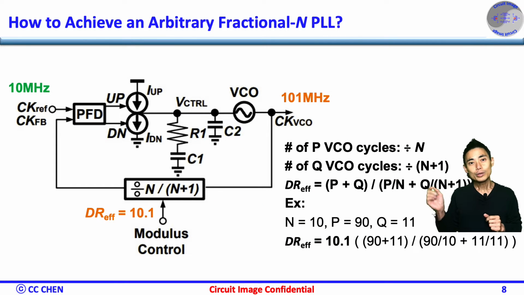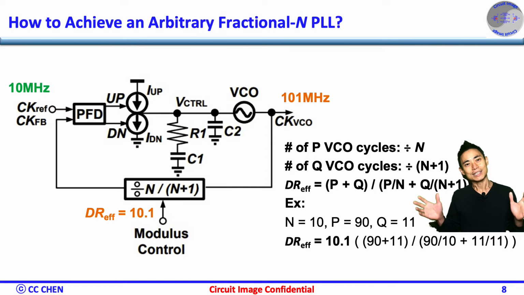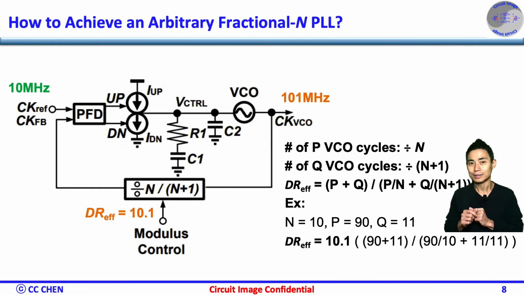For example, we can control the different number of VCO cycles, P and Q, divided by N and N plus 1, such that the effective Fractional-N divide ratio would be (P times N plus Q times (N plus 1)) divided by (P plus Q). In general, for a specific example, N equals 10, P equals 90, Q equals 10, then the effective N is 10.1.